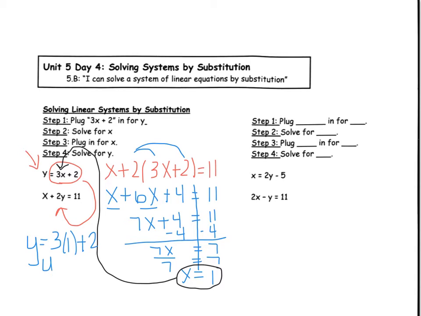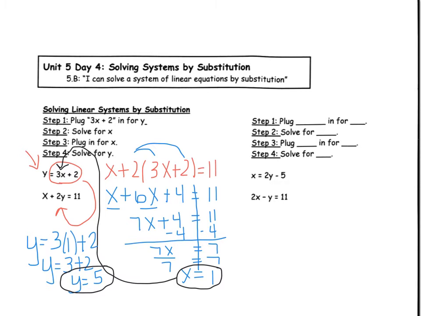So y equals 3 plus 2, y equals 5. So in the end, you have an answer for x and y, and you have plugged into both equations once. So let's go on to the next problem.